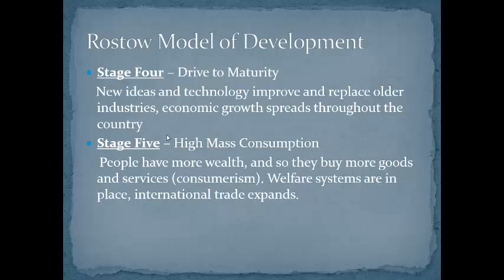A country becomes developed enough that not only are people able to accumulate wealth, there are social safety nets in place in case they fall on hard times. And this is also when a country starts to expand in terms of international trade. They might have free trade deals with other countries or special deals to improve their trade relationships.